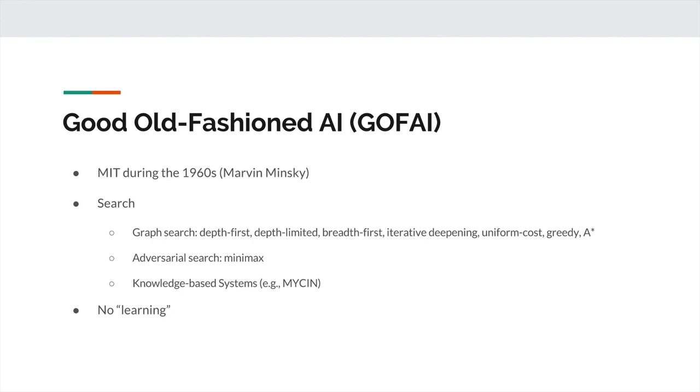By search, I mean things like graph search, and I'll show you an example of that in the next slide. There are all these different kinds of search problems, and the thing with good old-fashioned AI was, could you formulate your artificial intelligence problem as a search problem? If you could, then you can use good old-fashioned AI to basically solve your problem.